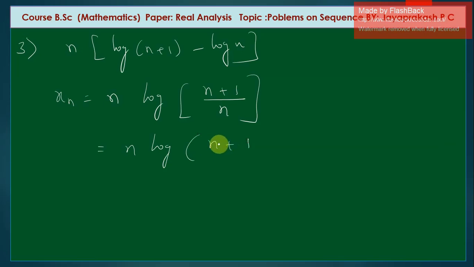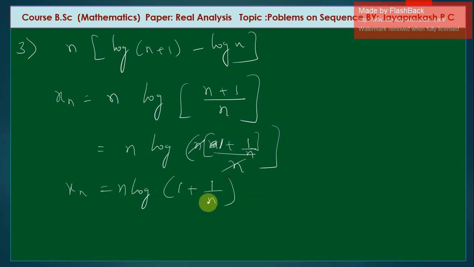If we take n as a common factor, n into (n plus 1) by n, so xn is equal to n log of 1 plus 1 by n.